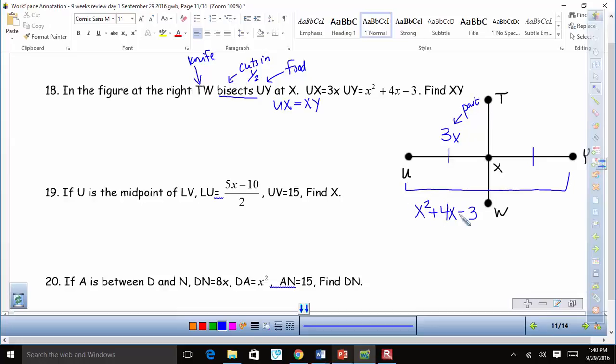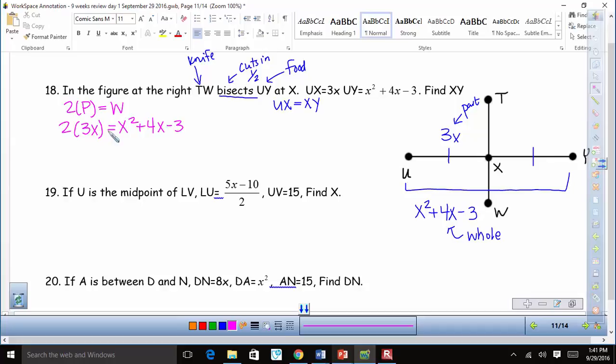Is x squared plus 4x minus 3 a part or a whole? It's a whole. What is the only formula that uses one part and one whole? 2 times the part equals the whole. So we're going to do 2 times 3x equals x squared plus 4x minus 3.